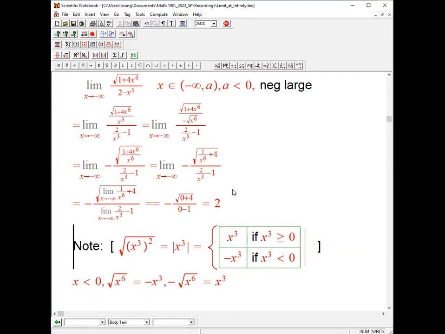Okay. Let's see, we can work out 27, 28. These are in your homework. One is taking the limit to positive infinity. One is taking the limit to negative infinity. So you get to practice that all over again.